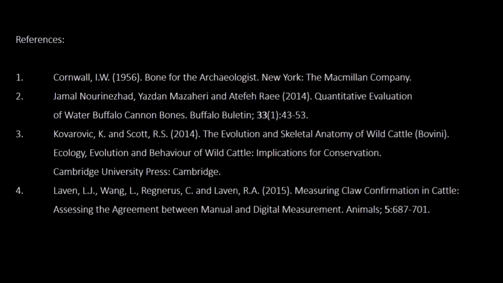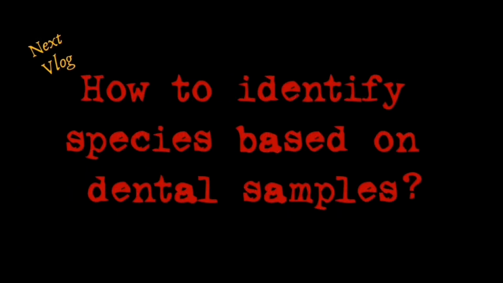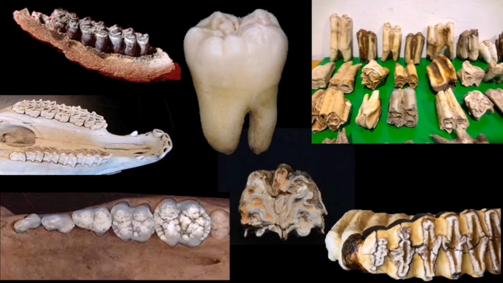But there's a catch. If the dental samples are molars, it would be the best sample, or at least the sample that you need to estimate age. But the best samples are complete dental samples, the maxillary and the mandibular dentals. So how to identify species based on dental samples? That would be in my next vlogs.